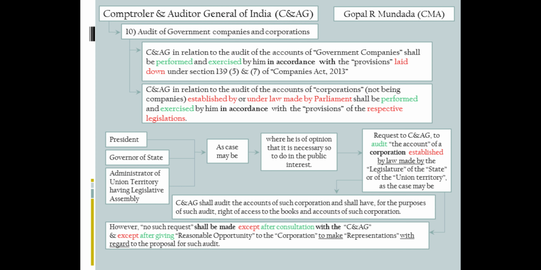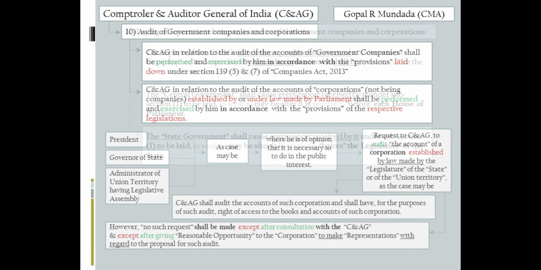So in this case, the C&AG shall audit the accounts of such corporation and shall have, for the purpose of such audit, the right to access the books of account and other related information. So guys, before the request is made to the C&AG, consultation with the C&AG is done by the President of India, Governor of the state or Administrator of the Union Territory.